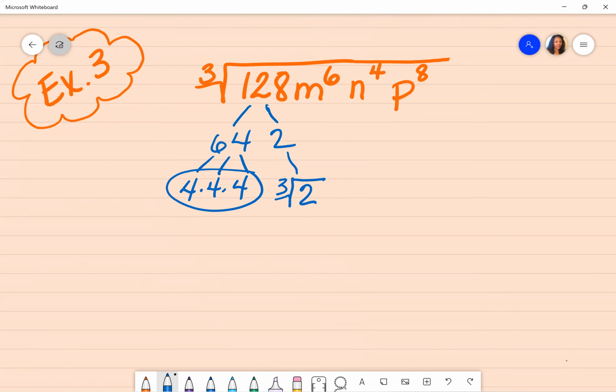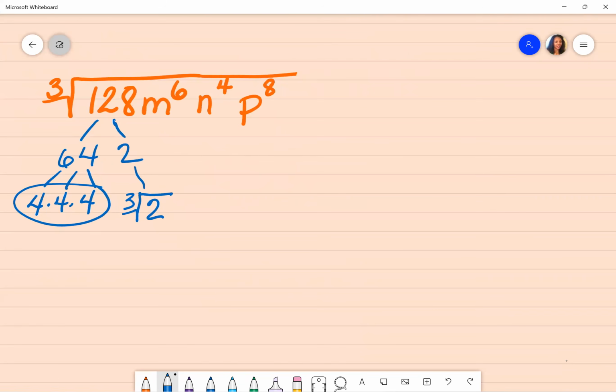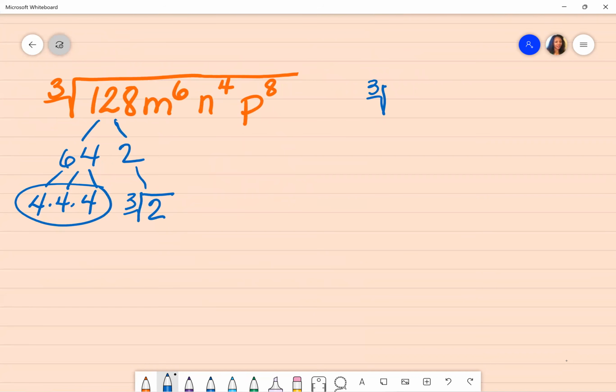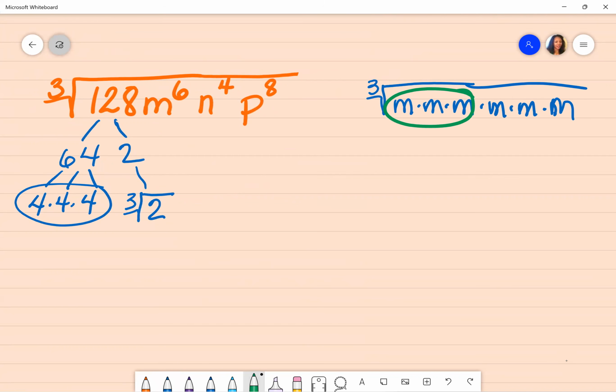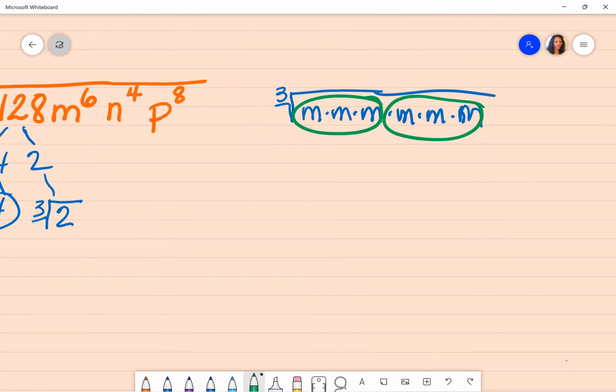Now let's go over to our variables. I have the cube root of m, which again is m times m times m times m times m times m. Oops. So here I can clearly see I have 2 groups of 3s. So that means I can bring out m 2 times.